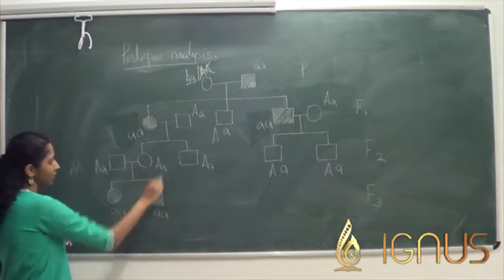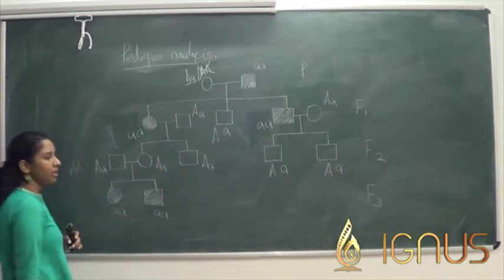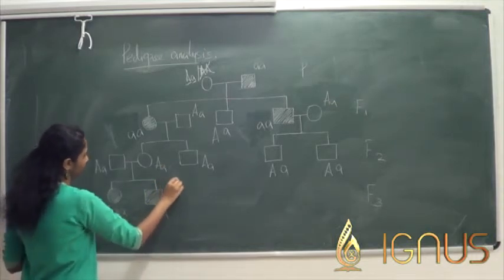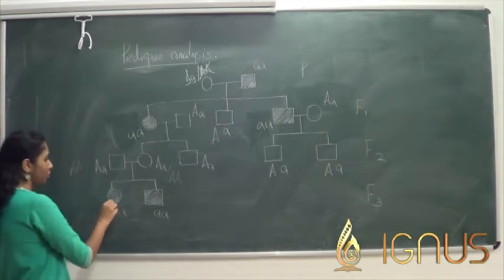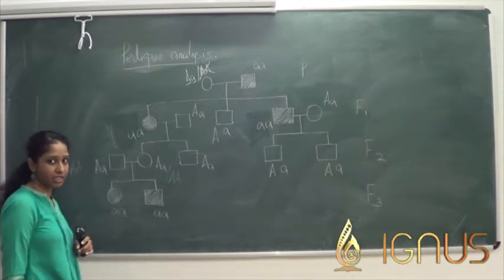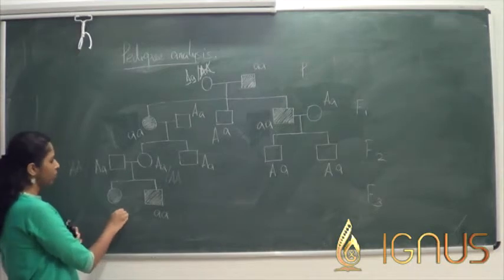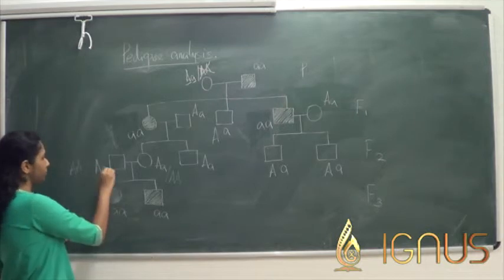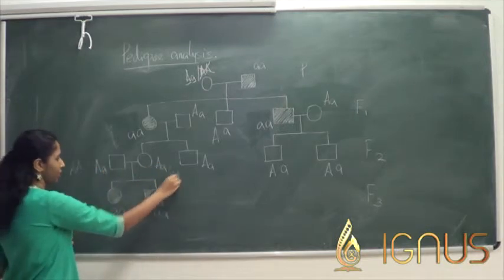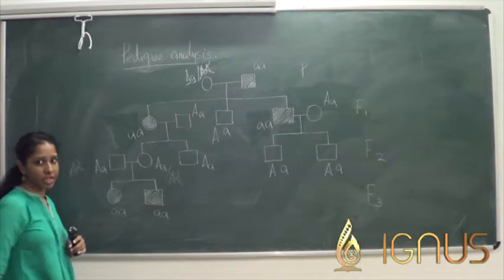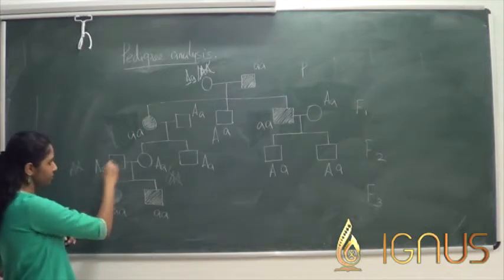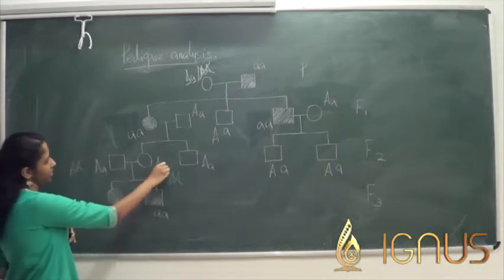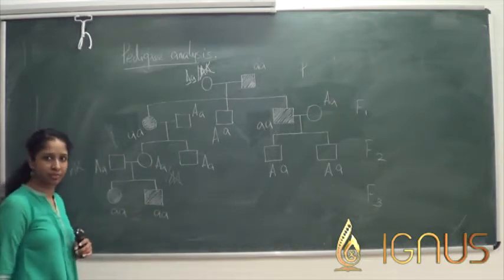The same goes here for this female. But we see that both of the children here are affected, which means that they are getting both alleles as recessive, so they cannot be homozygous dominant at all. The recessive allele from the father, the recessive allele from the mother, affected. Recessive allele from the father, recessive allele from the mother, affected.